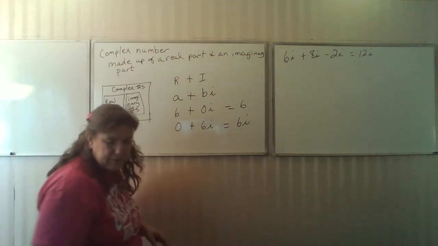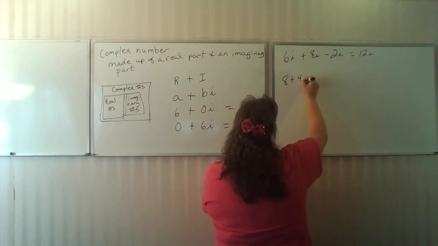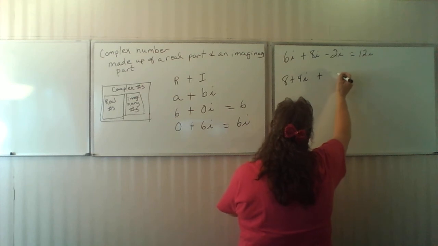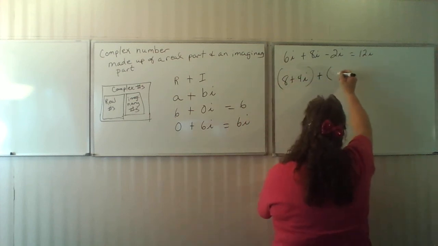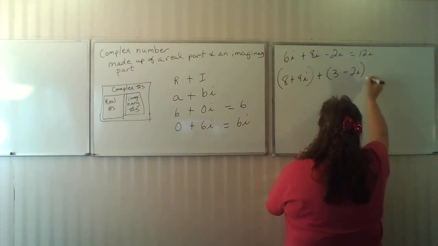So now let's look at adding these. There's one complex number plus another; I'm going to put them in parentheses just so you can see the complex numbers.